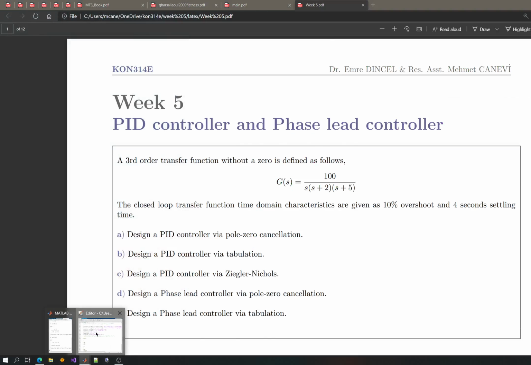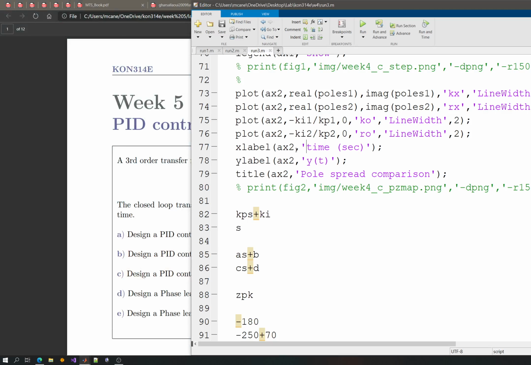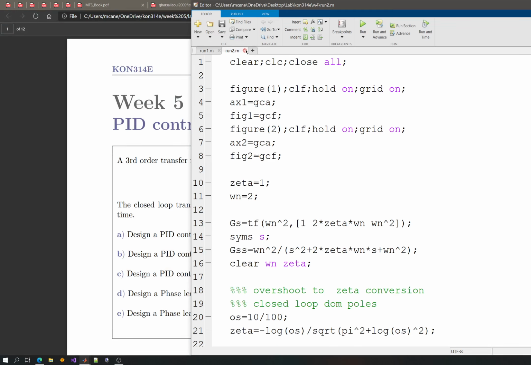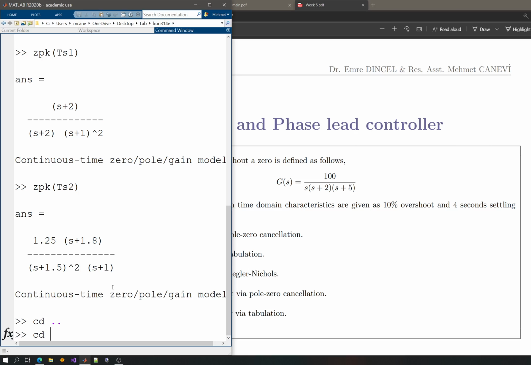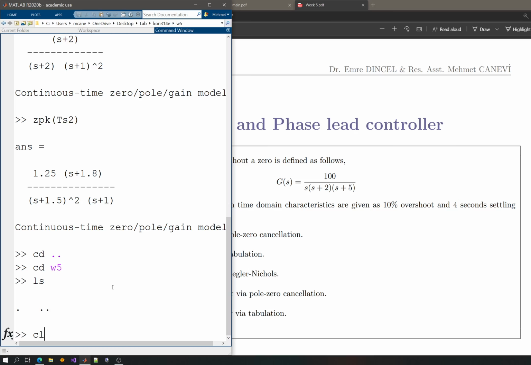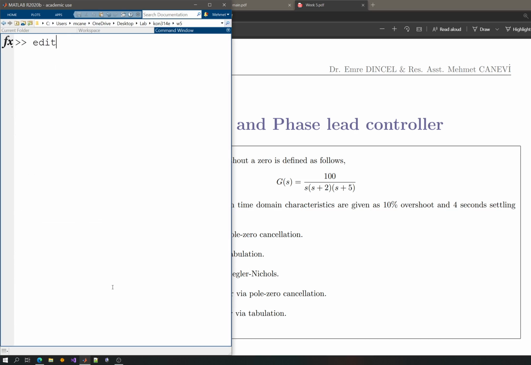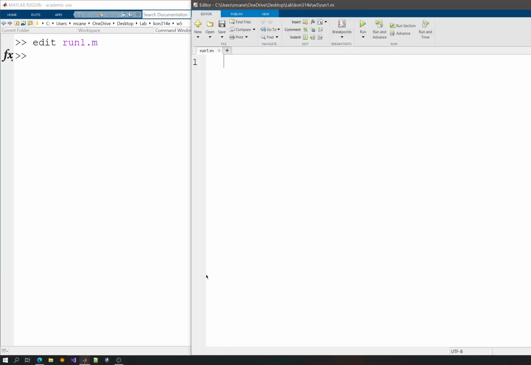Let's go ahead and do that. Let me close these here. I will be in folder 5 here. Clear, clc. Edit, let's say run1.m. Now, as always, clear and clc will be my first line of code here.